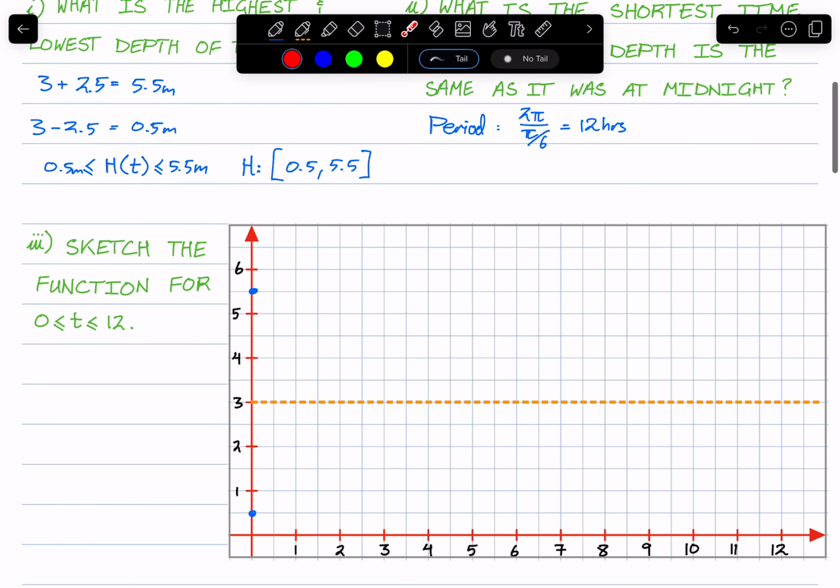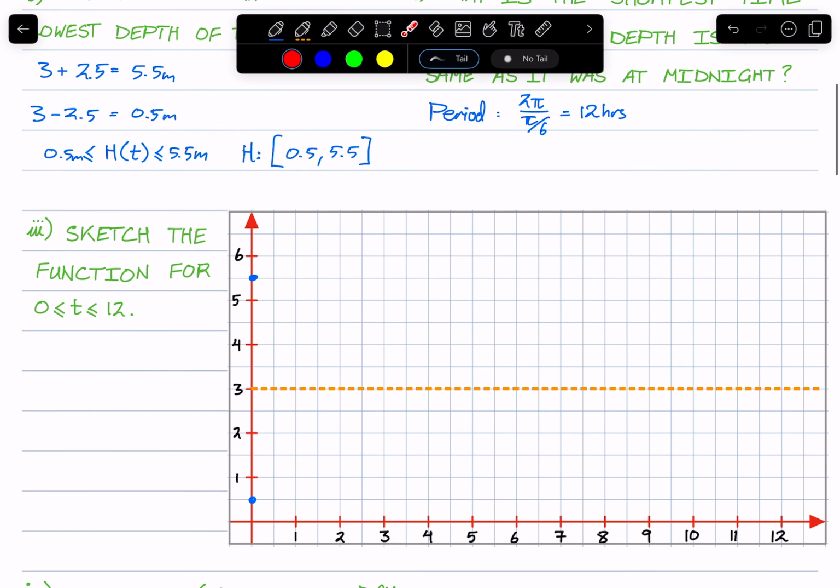Now, another little trick that you can do for this: you can do all the transformations, which if you're familiar with that one, go for it. But since the critical points of cosine and sine actually happen at 4 even intervals, if you divide the period by 4, that will tell you the length of time needed for the next critical point.